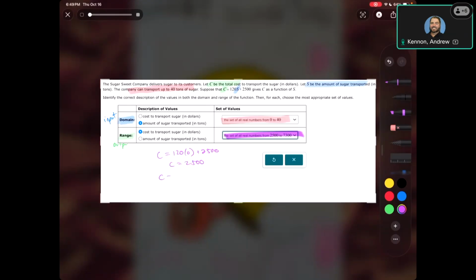And if I plugged in a 40 to the equation, I would get 7300. So this would be my minimum and this would be my maximum based on doing 0 to 40 amounts of sugar. So you use your X values and you plug them in to figure out what your Y values are going to be.